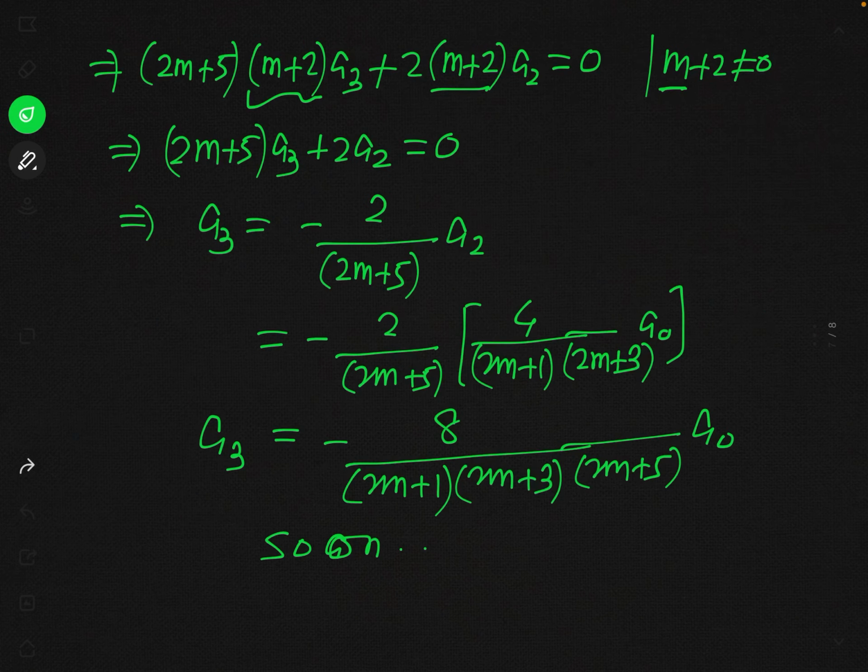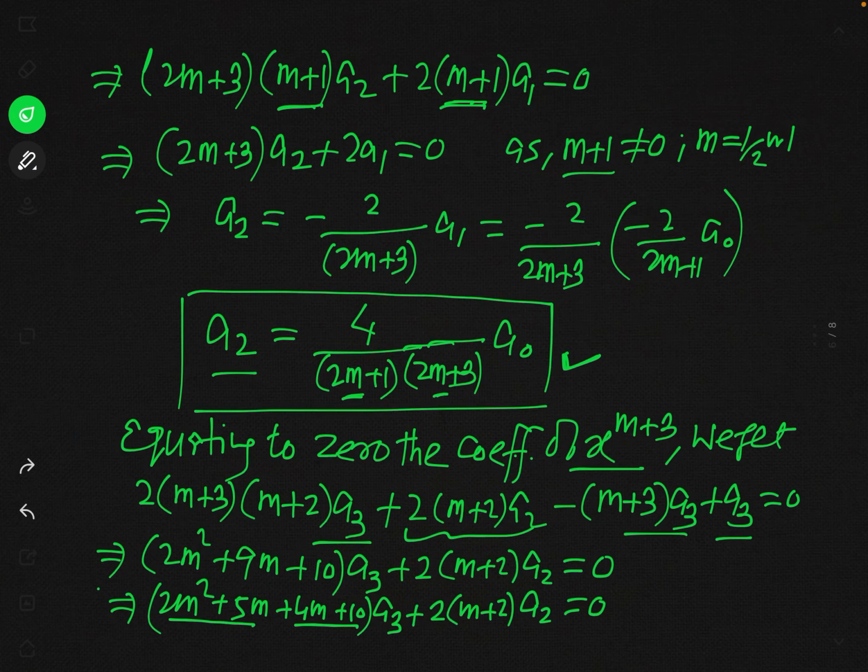Again we will find the value of a2. For this you can see the result for a2. a2 is this much and we have to put m equal to 1. So this will be 2 into 1 plus 1, that is 3, and this will be 5.